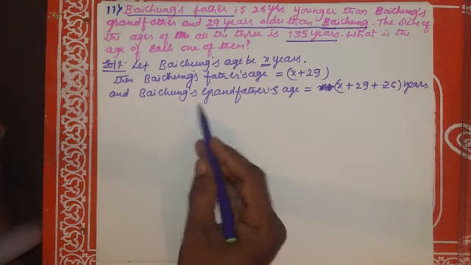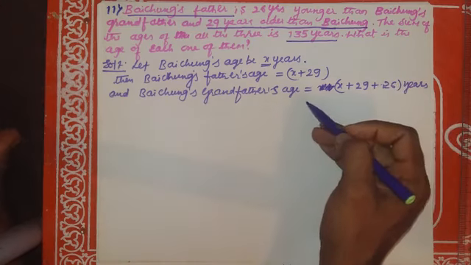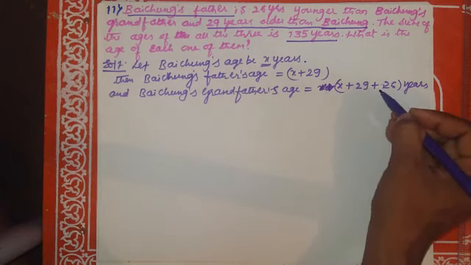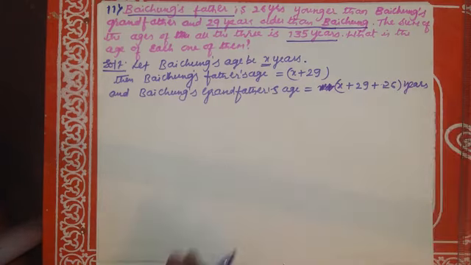Baichung's grandfather's age is x plus 29 plus 26 years.